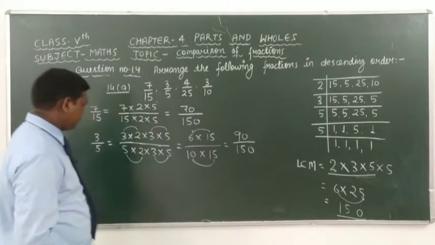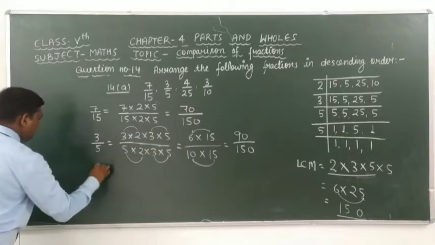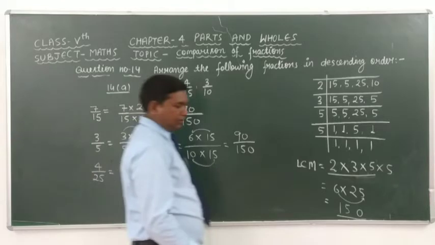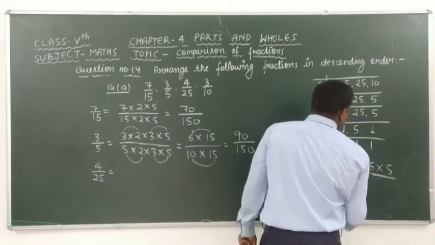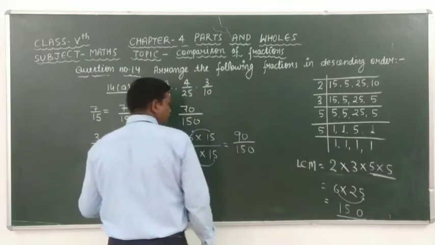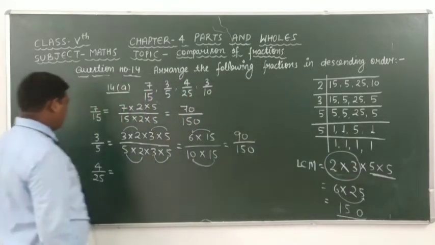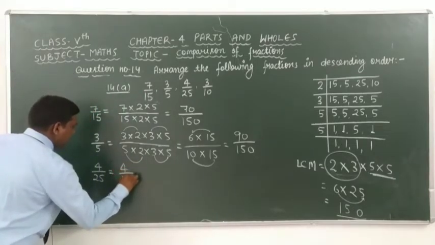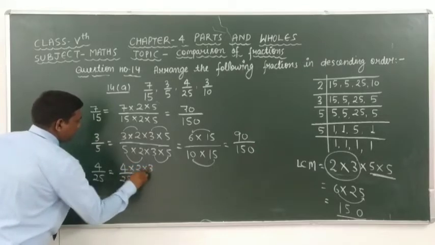Okay students, next is 4 over 25. Look at here carefully. Students, we know that 25 times 6 is 150. Here the denominator is 25, therefore we can multiply the numerator and denominator by 2 into 3.